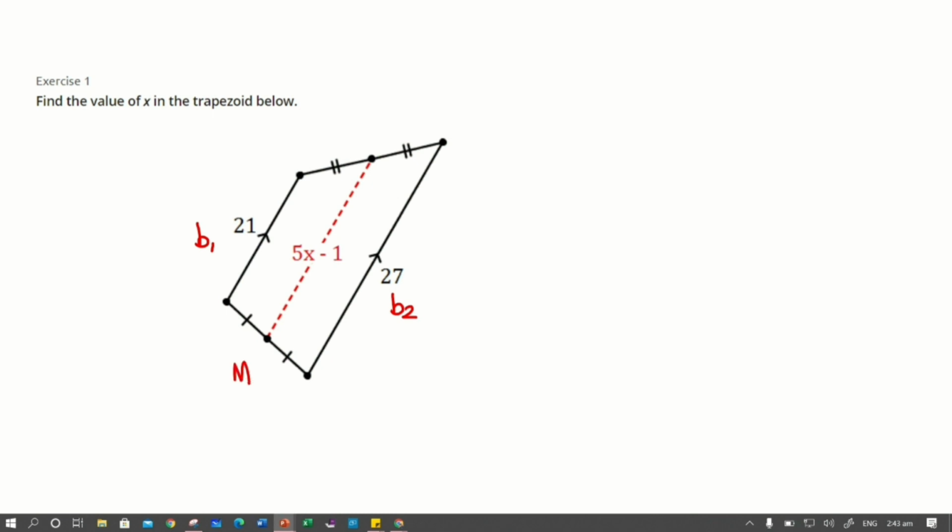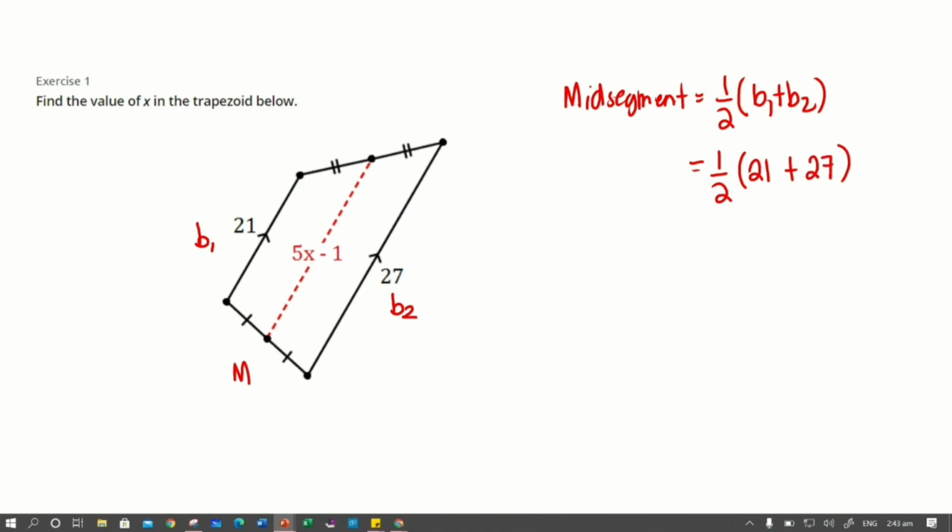Take note, para makuha natin si mid-segment, the formula is simply m, or mid-segment, is equal to 1/2 the sum of B1 plus B2. So here, we have 1/2 times B1 natin, that's 21, plus B2, which is 27. Then, our mid-segment is 5x minus 1. So, first step is we simplify the equation.